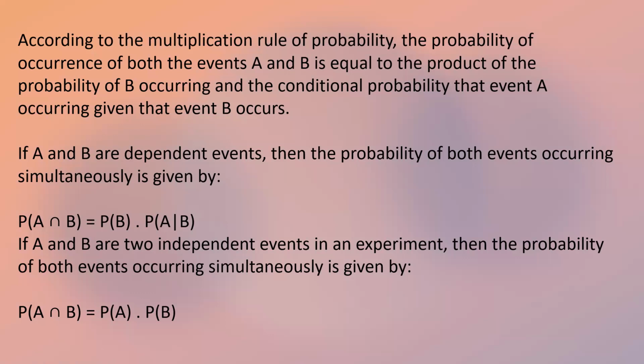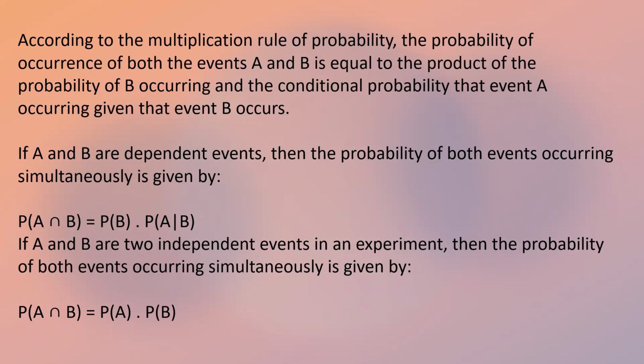Whenever we are considering two events and using the product, we calculate the probability of B and the conditional probability of A.